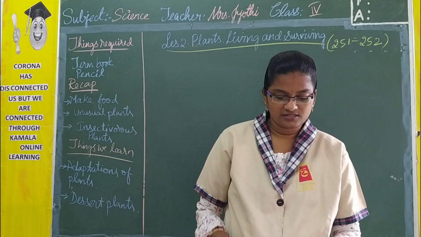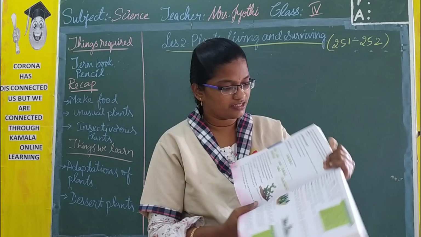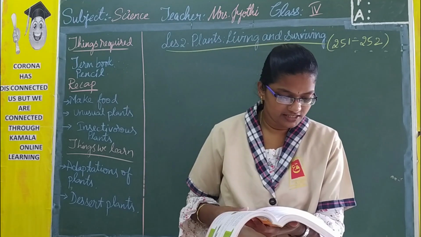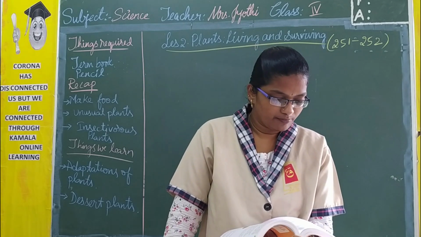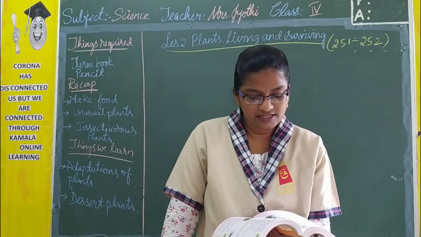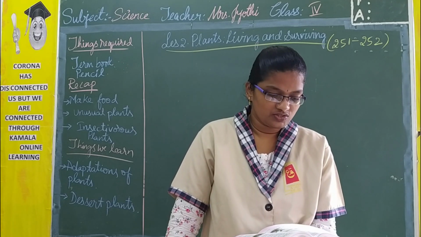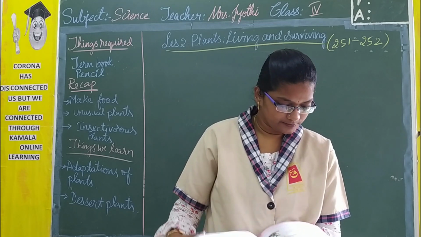So here see, there is a flow chart showing how many types of terrestrial plants there are. Terrestrial habitats: first one is deserts, then marshes, mountains or hills, plains, forest, grasslands and coastal regions. So here in total we have 7 types of terrestrial plants.